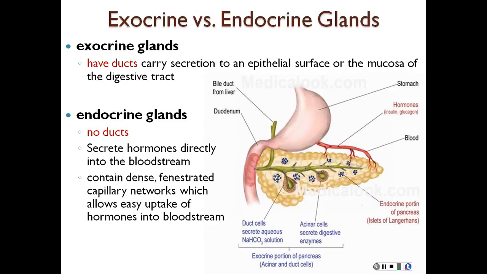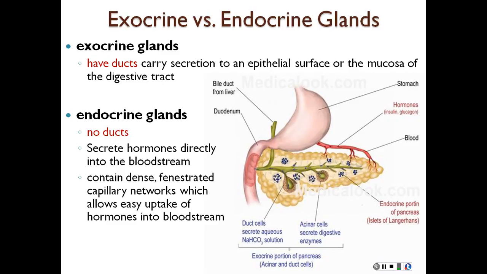Sebaceous. Okay. So also the pancreas has exocrine function, but hopefully you know the difference. So what makes the pancreas with exocrine and endocrine function, what makes those functions different? So you have one organ that acts as an endocrine gland and an exocrine gland.